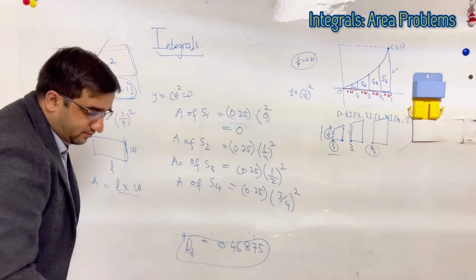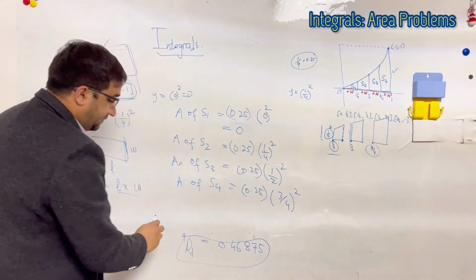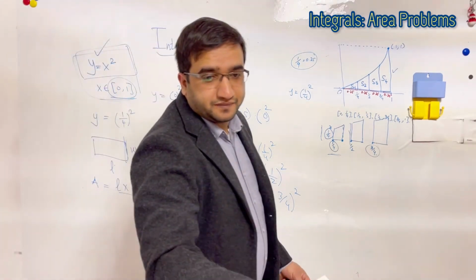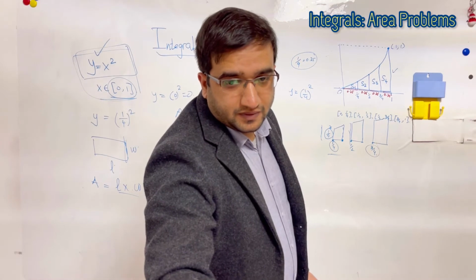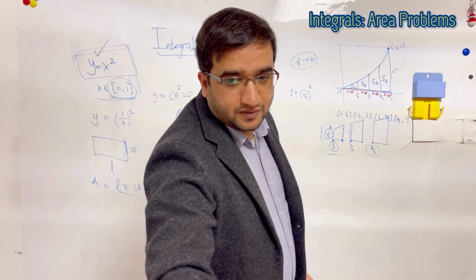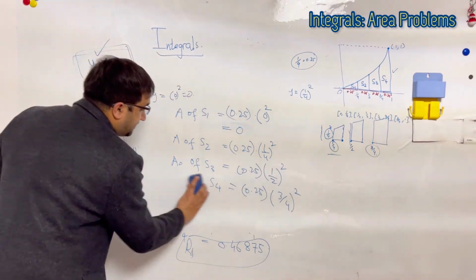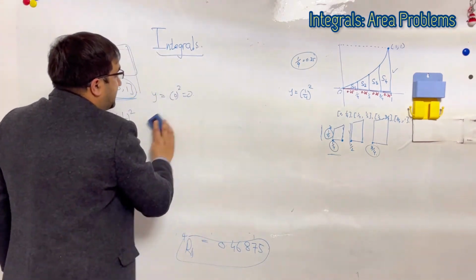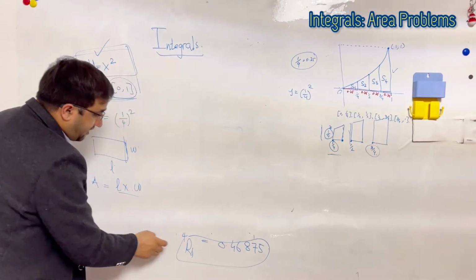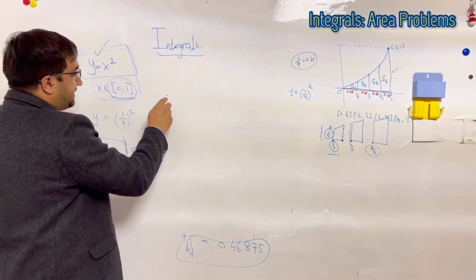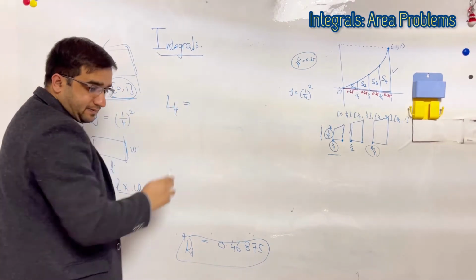Now when you add them together, if that was R4 from the right side, from the left side I'm saying this is L4.